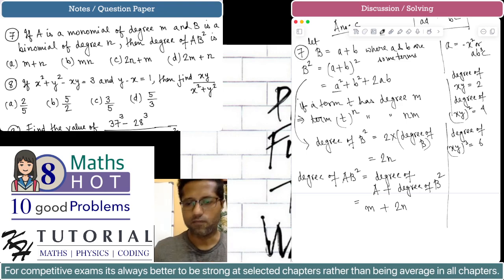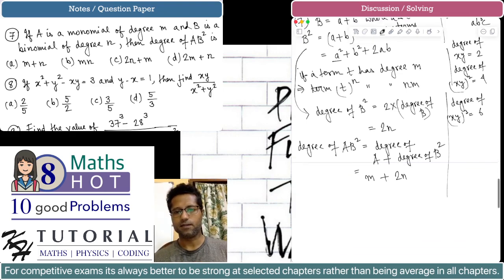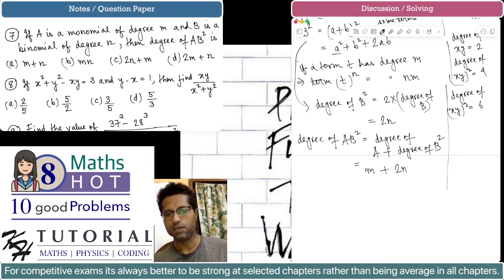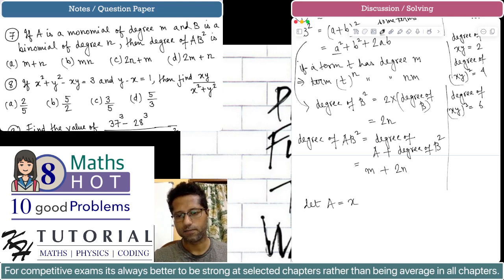Now why is it that the degree of AB square is equal to degree of A plus degree of B square? If you consider A is a monomial, let's say just to illustrate this, A is equal to x square and B is equal to x plus y.